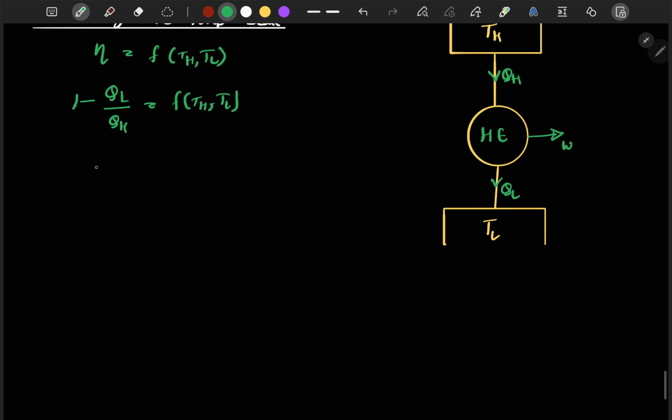So we can say from here that QL by QH can be written as 1 upon 1 minus function of TH comma TL. Okay, sorry, this QH minus QL. Okay, QH by QL. I think you get this point. Now this can be further written as a function phi of TH comma TL.